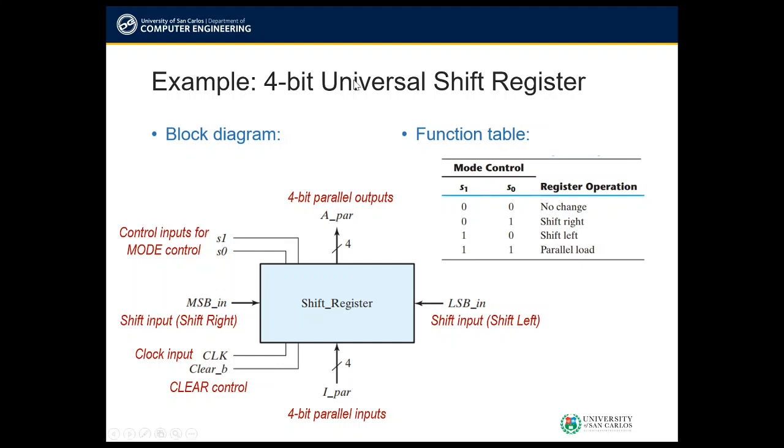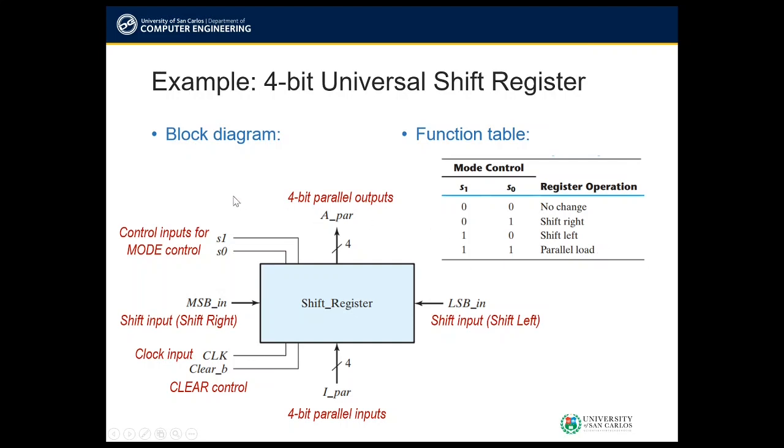In this particular case, we have 4 modes of operation: no change, shift right, shift left, and parallel load. And this is controlled by what we call the mode control inputs, S1 and S0, and this particular set of combinations would enable this set of operations respectively.